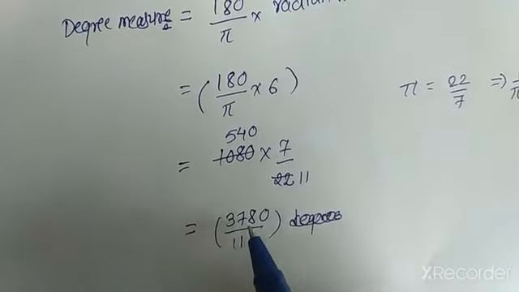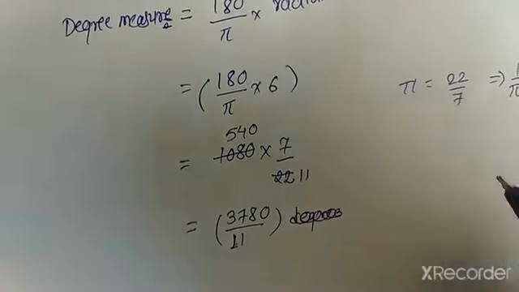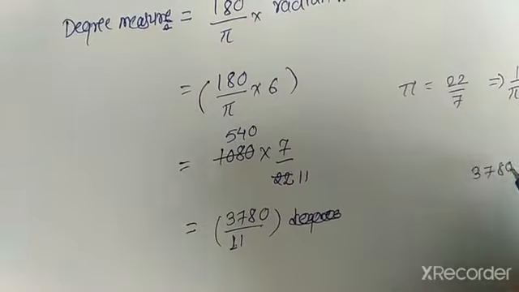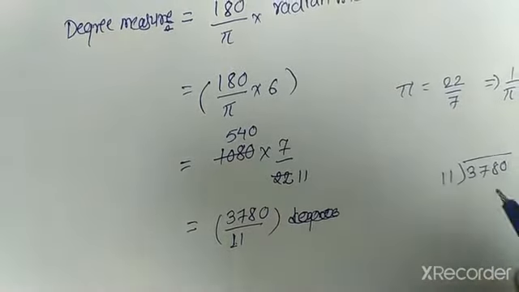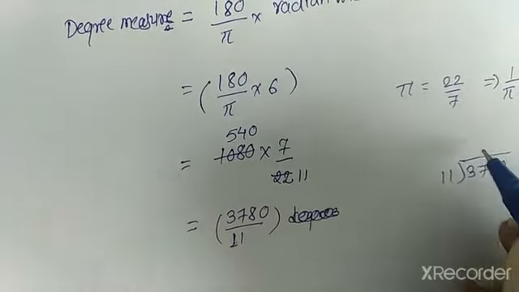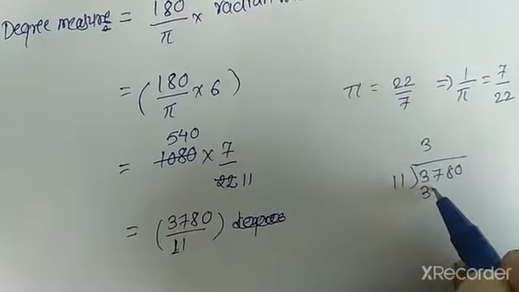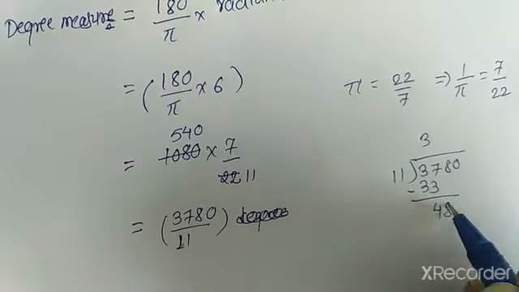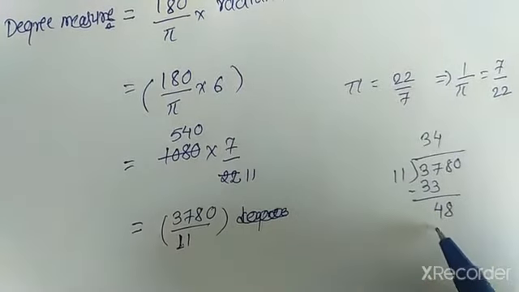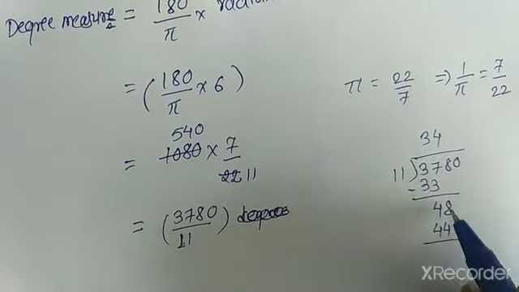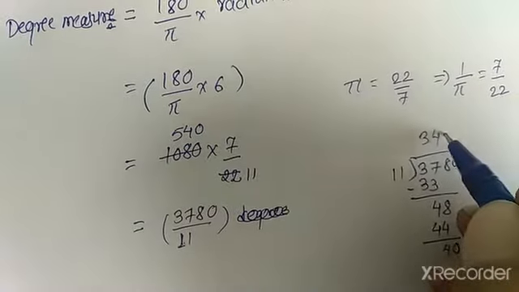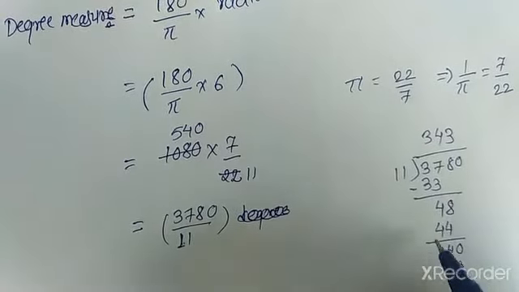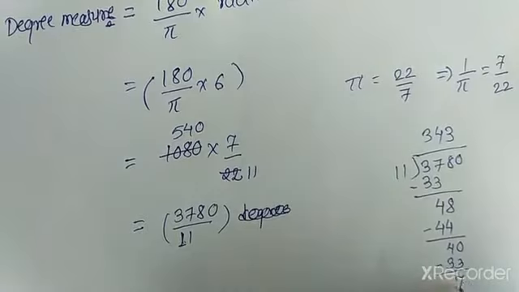Now if we divide 3780 by 11, 11 3s are 33, so it will remain 4 here, minus, 48. 4s are again 44, so it remains 40. Then 3 3s are 33, so it remains 7.